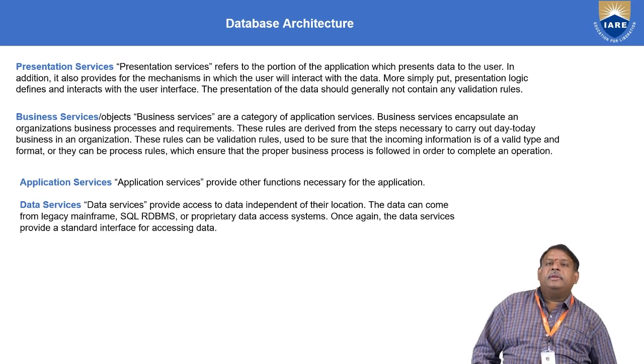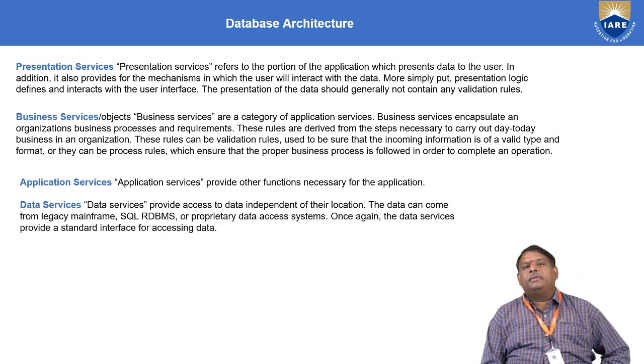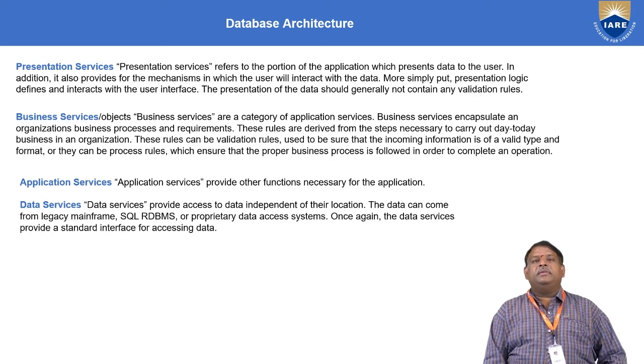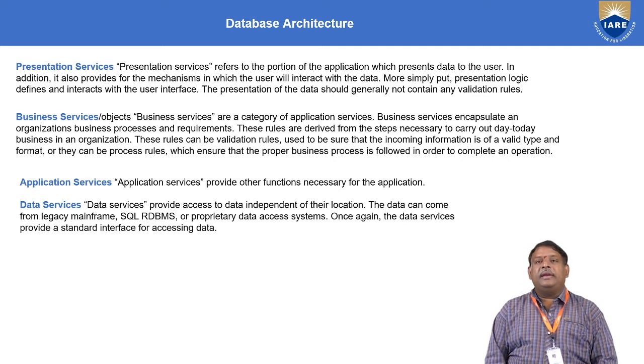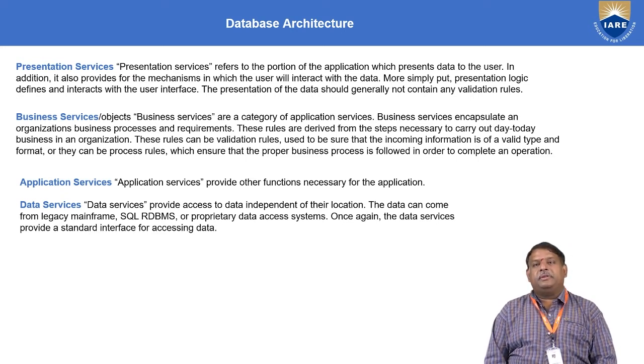Next, application services provide other functions necessary for the applications. The data services provide access to the data independent of the location. The data can come from legacy machines like mainframes, or SQL RDBMS, or proprietary data access systems. Once again, the data services provide a standard interface for accessing data.